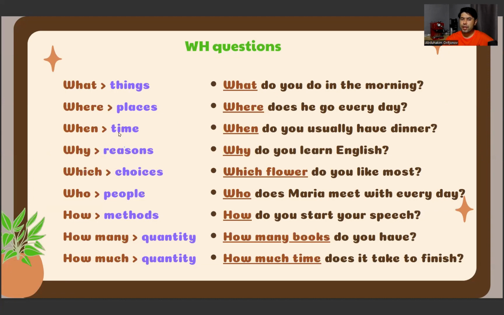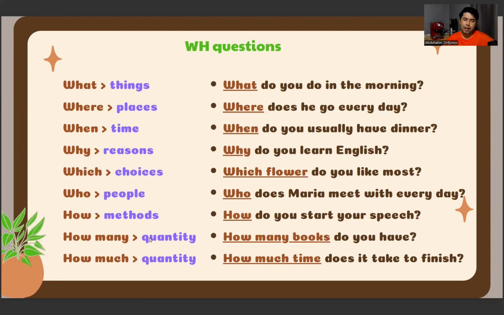When asks about time. When do you usually have dinner? Why asks about reasons. Why do you learn English? Which asks about choices. Which flower do you like most? Who asks about people. Who does Maria meet with every day? How asks about methods. How do you start your speech?